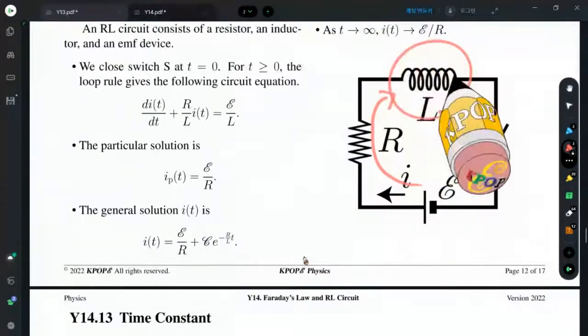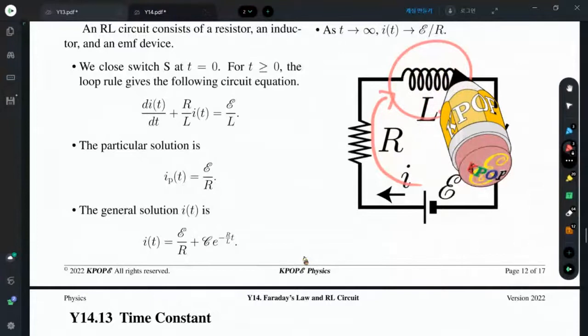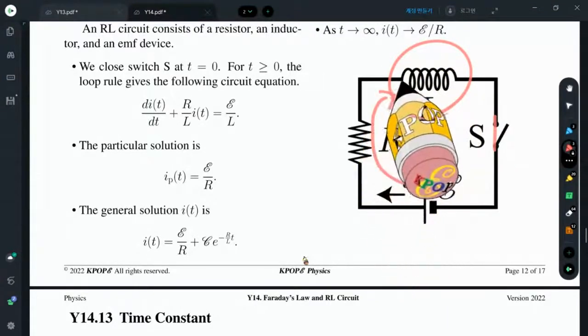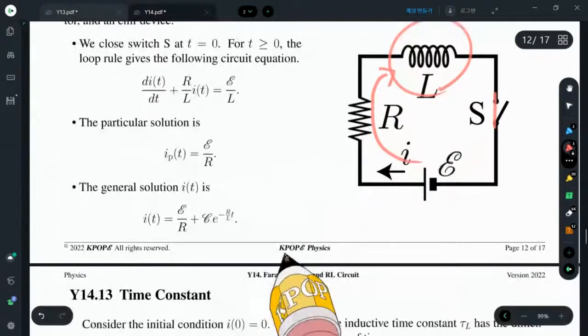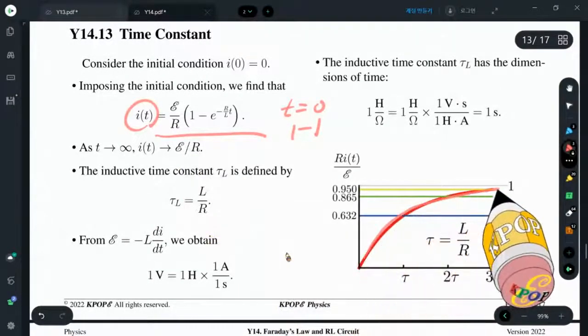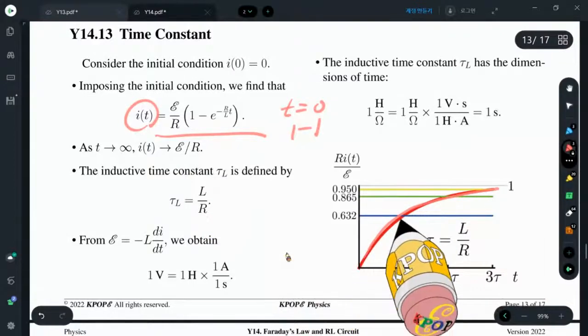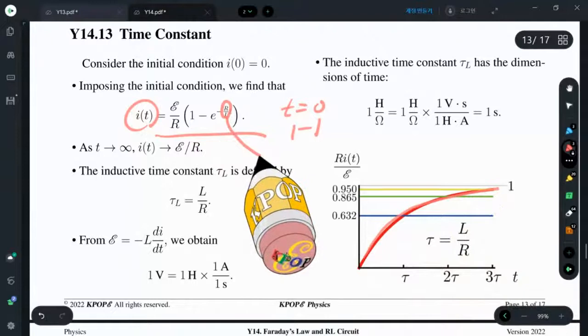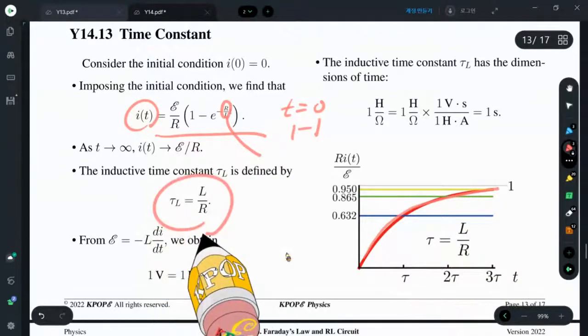Inductor prohibits the change in current. So the current cannot rise very fast. It is growing slowly. In here, the rate of rising of this current depends on the time constant for the RL circuit.